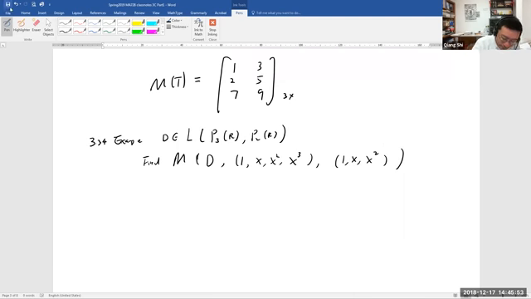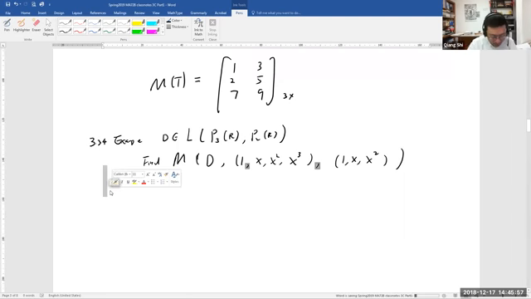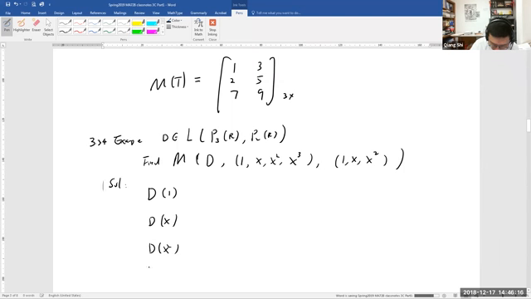And then, in order to find this one, what we need is to follow the idea from before. You want to ask yourself how this differential operator is acts on each of these vectors in the basis of P3(R).